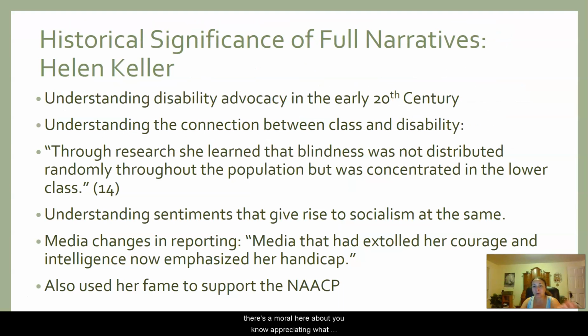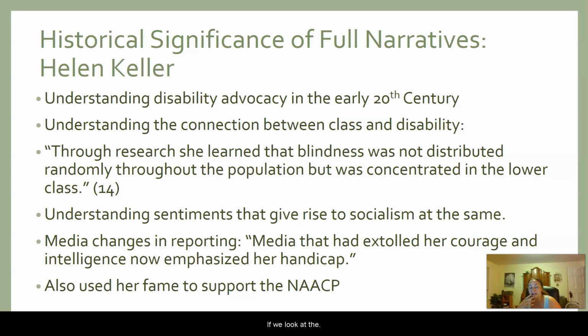One, it's a beautiful story and moral about appreciating what you have and where you come from and what you've overcome. But it's also, right, a story of trying to ensure that we are good patriots, that we are good and loyal citizens. When we are told those larger stories of the past, right? If you're told that Helen Keller began to engage with socialism because she saw the class division as inherently, disparately different in its treatment of people, well, then we might begin to question our own economic system.